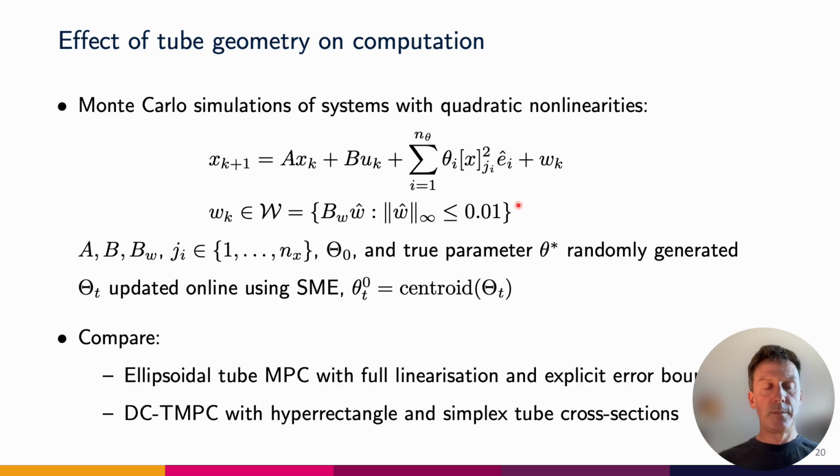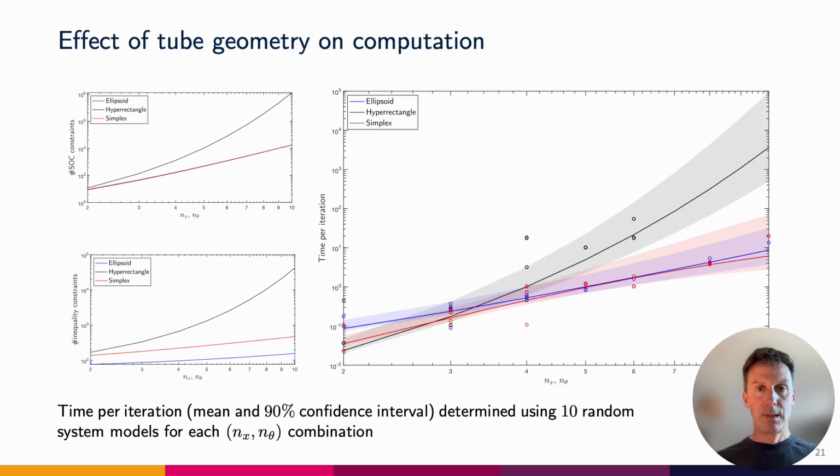So the choice of nonlinearity here is important because it means that the DC tube MPC approach can be formulated using the same type of constraints as the ellipsoidal tube MPC. So the constraints which define the reachable sets here are expressed as second order cone constraints in all three cases.